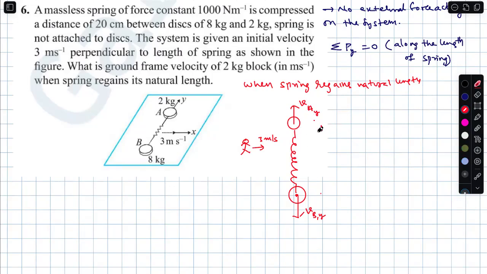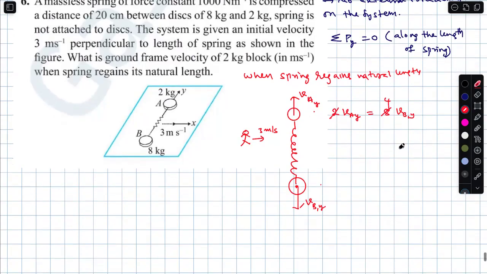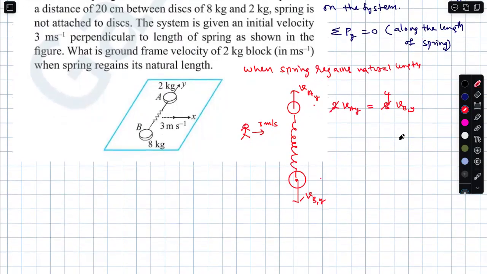Now apply law of conservation of energy. One more important point, linear momentum is conserved in that direction. 2 times Vay is 8 times Vby, so Vay is 4 Vby. Yes or no? Any doubts?